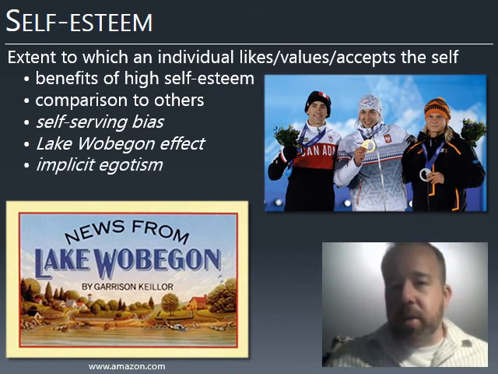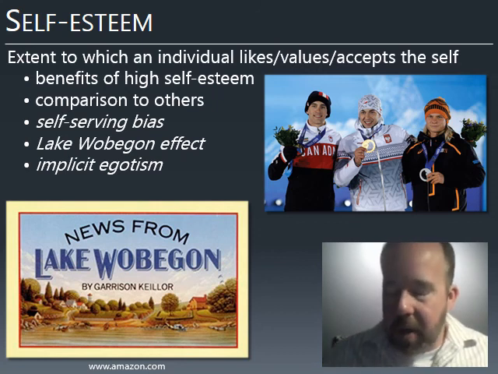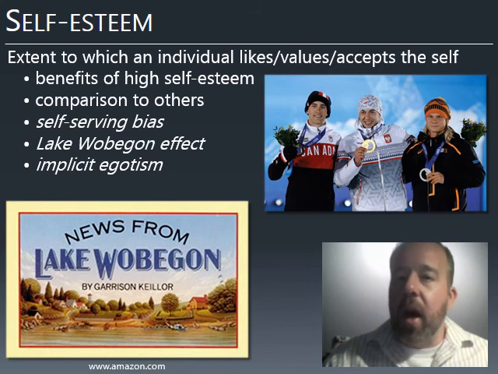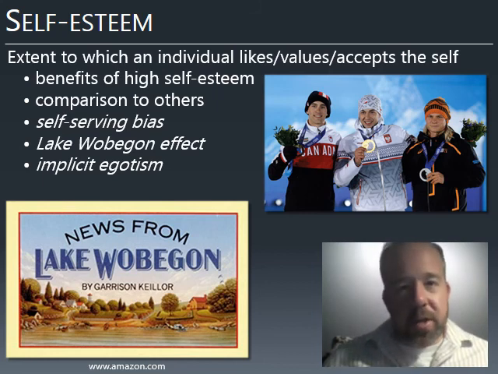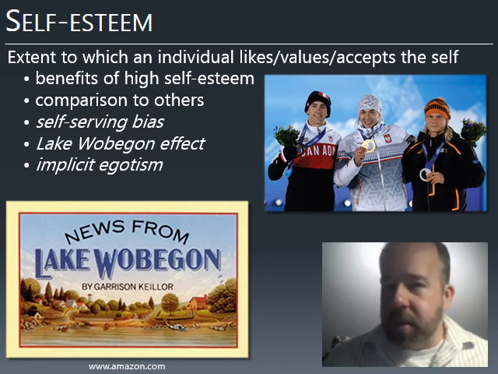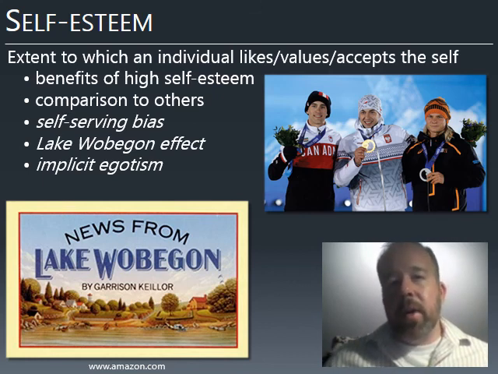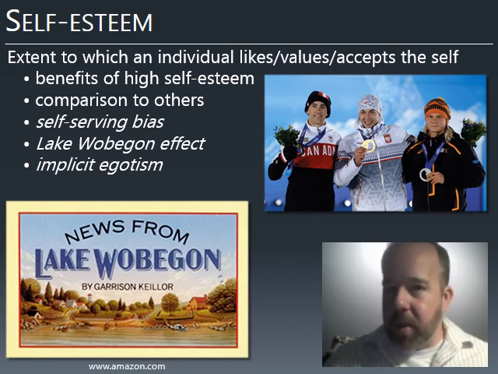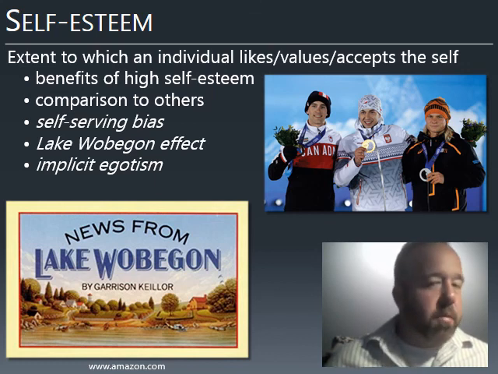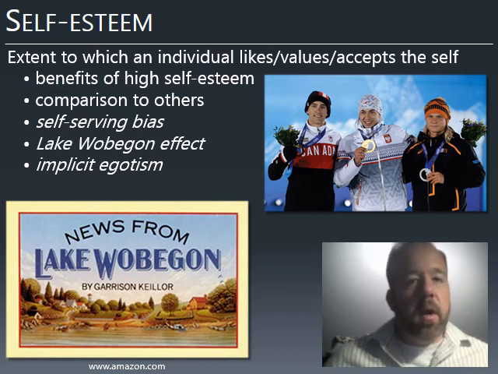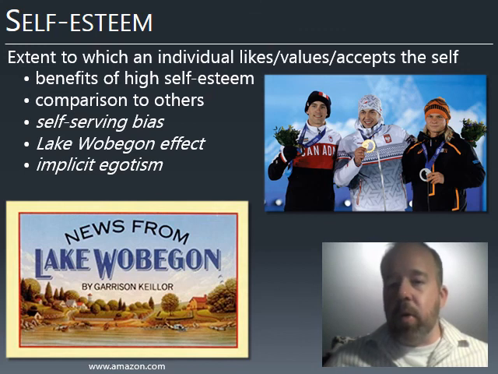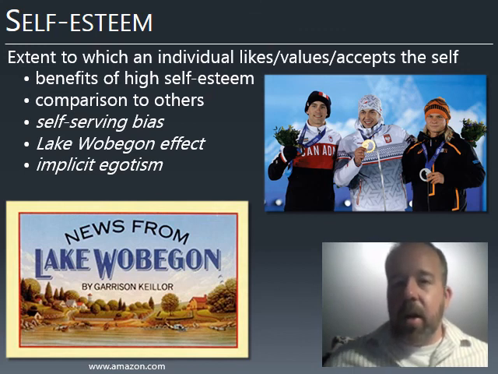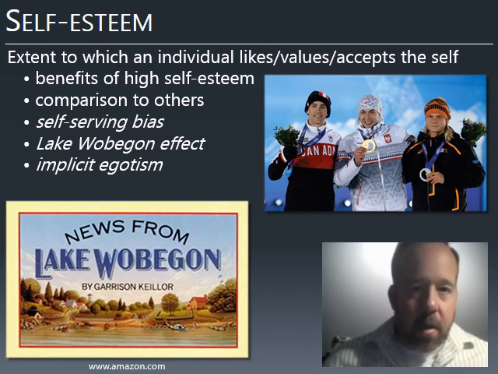This also relates to what's called implicit egotism, which is a very interesting phenomenon by which people will unconsciously make choices that either boost their own self-esteem or kind of reinforce their ego. And so the famous example from your book is that people will be biased toward living in places that have something in common with their name.